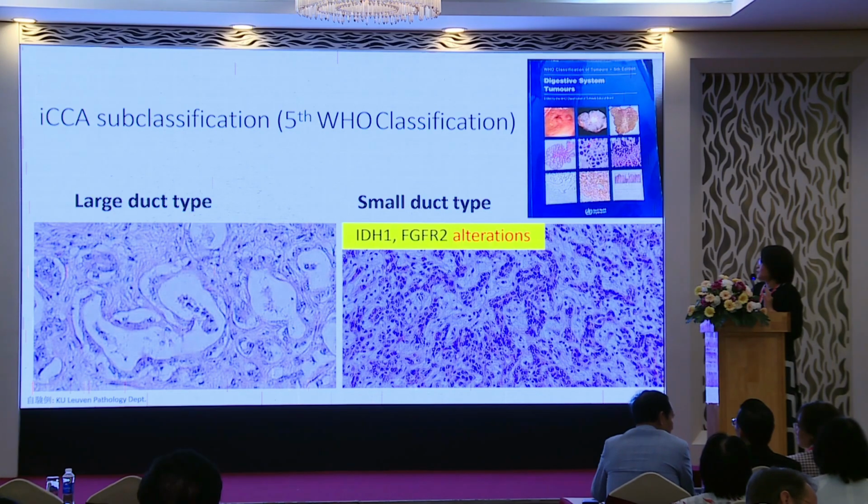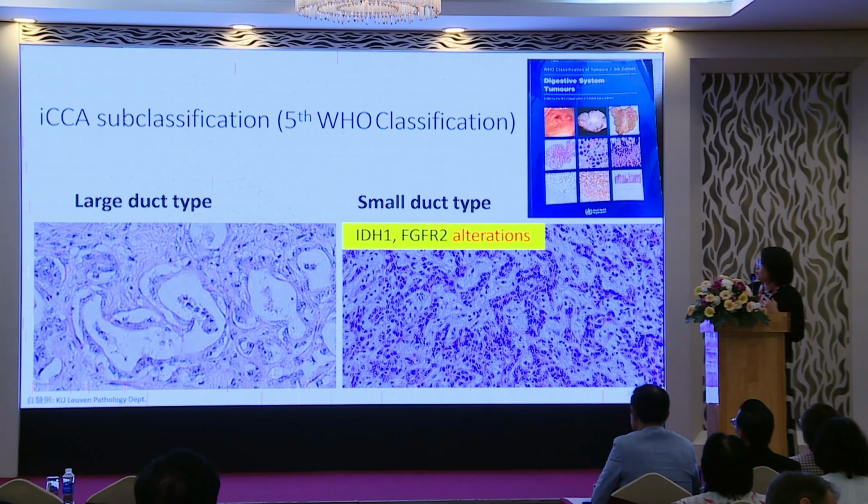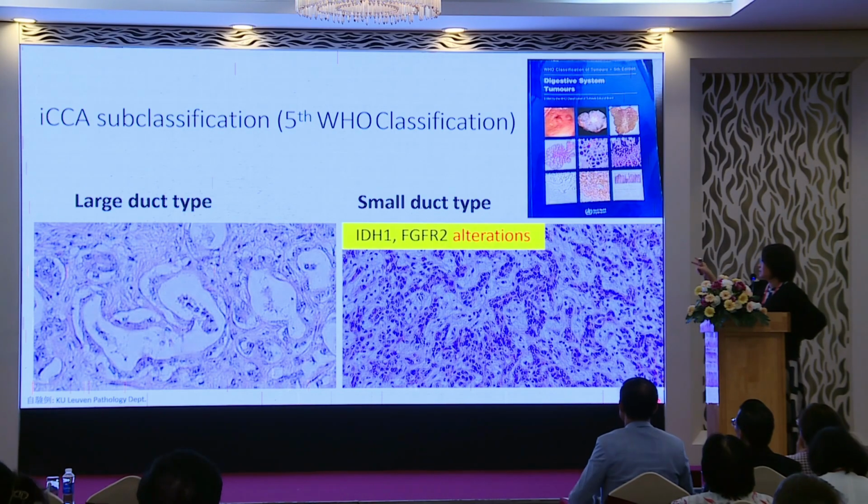However, it has a strong correlation in terms of clinical, histological, and also molecular aspects. That's why this subclassification has received great attention, and now we are working on the 6th WHO classification, in which this subtype will become an independent chapter, which will be published, I think, at the end of next year. And why is it so important?